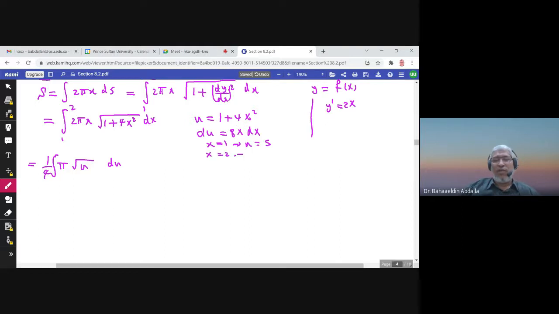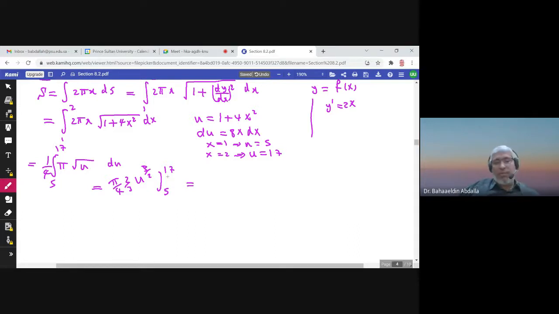And if x is 2, 2 square is 4, times 4 is 16, then u is 17. And this would be the integral from 5 to 17. And it is easy to find this integral. Well, I have pi over 4 outside. And this is u to the power half, so it would be u to the power 3 over 2 times 2 over 3 from 5 to 17.